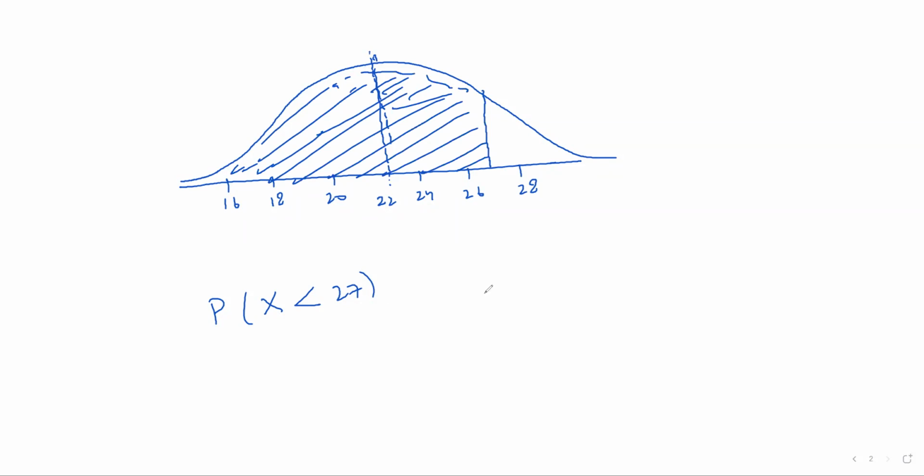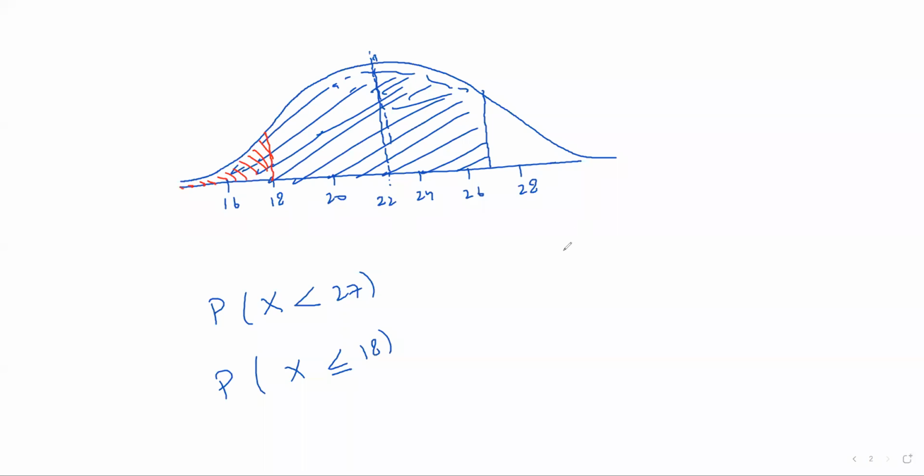Okay. If we are going to find the probability that X is, let's say, less than 18. Now there's no significance of the equal sign over here. So less than or equal to 18 would mean that there is a very small chance for someone to have marks less than 18. Okay.